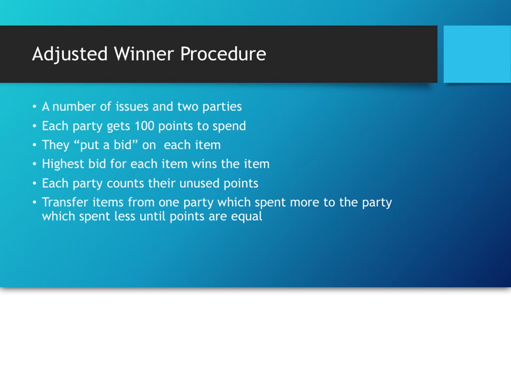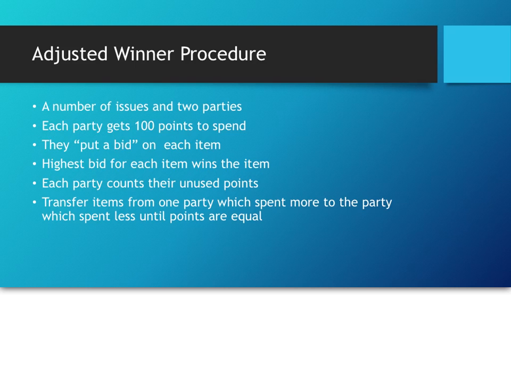Obviously, you could have done 1,000. They're going to put a bid on each item that they want. So if somebody really wants the CEO position to be their guy, they're going to bid fairly high on that item.